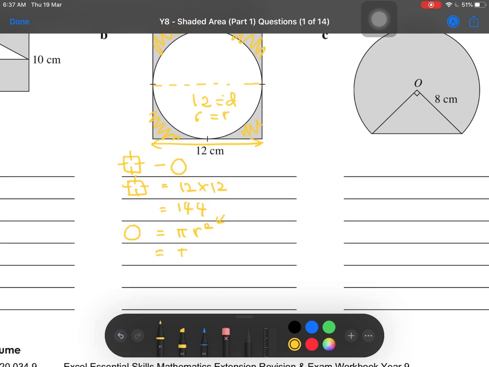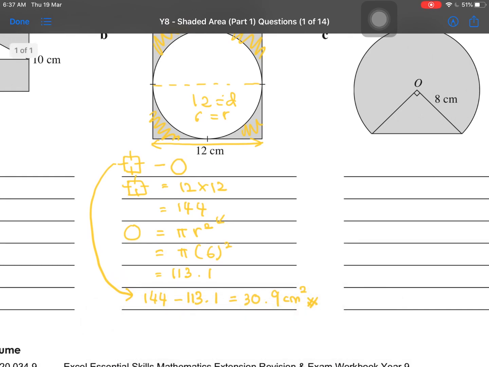So in this case, it's pi times 6 squared, which is 113.1. And then the final step, which we planned first and foremost: 144 minus 113.1, and this will give us 30.9 cm squared. Done.